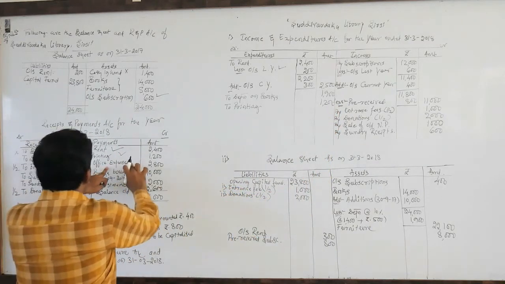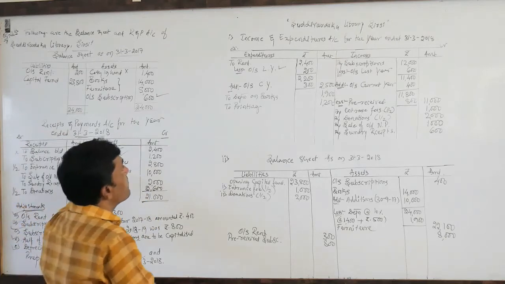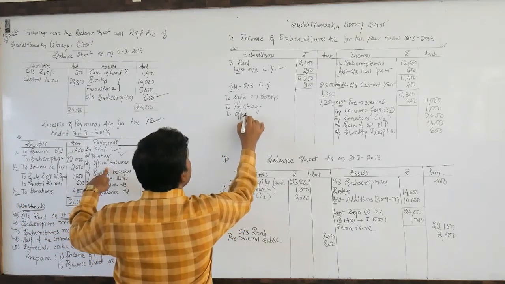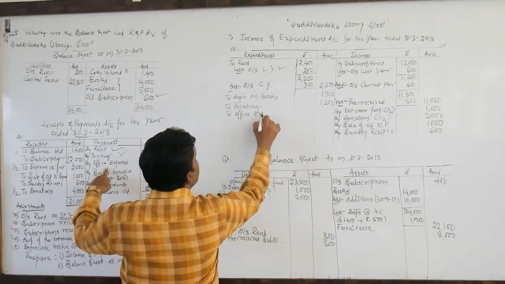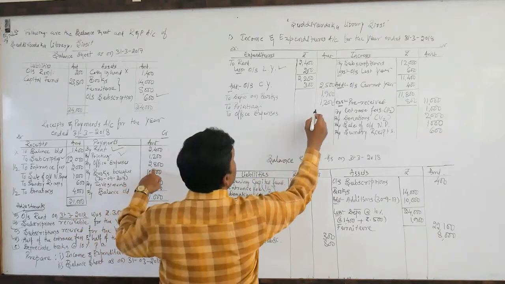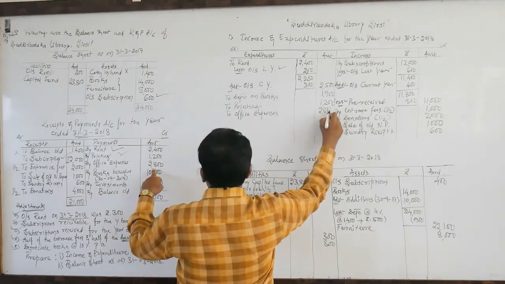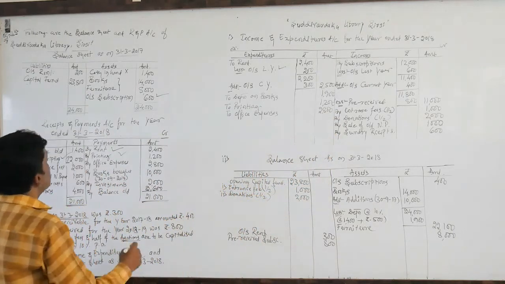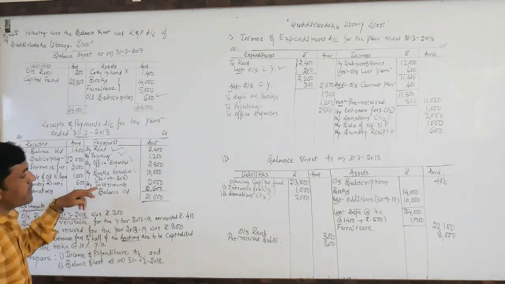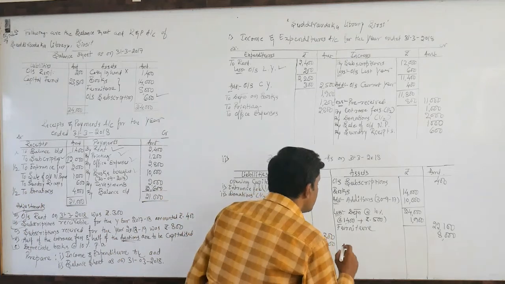Office expenses: no adjustments for these office expenses. Office expenses 2,800. Additions of books we have already considered. Investment is to be written on the asset side.